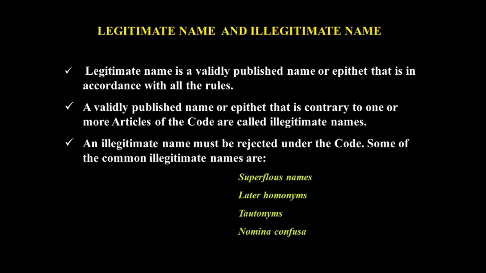That is, the genus name and species name are exactly the same. In that case, the binomial is known as a tautonym. A tautonym is illegitimate. Then nomina confusa, confusing names, the names which cause ambiguity in botanical nomenclature, are rejected.